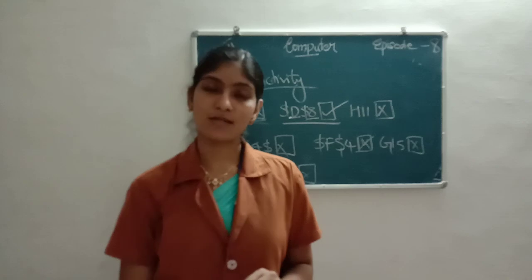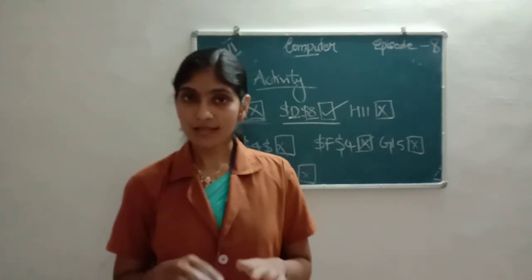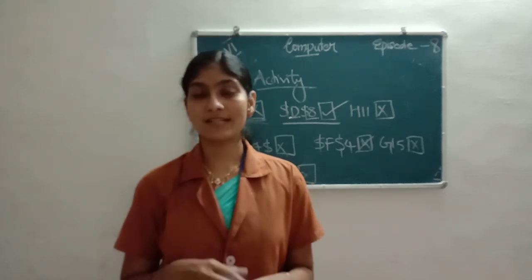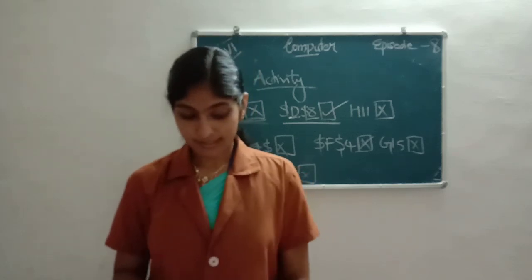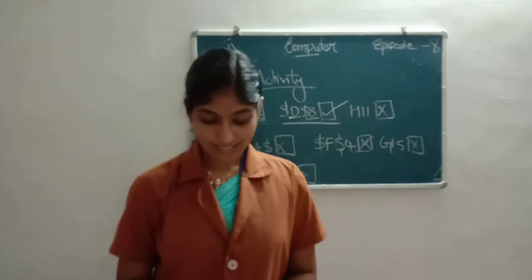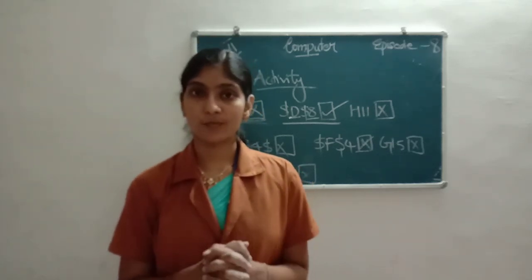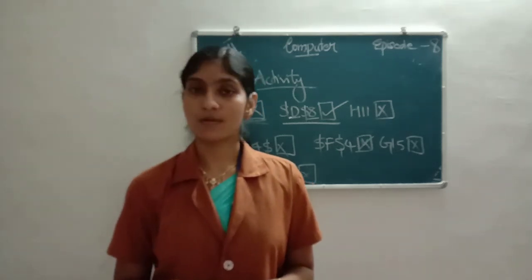But in absolute referencing, there is no change in the address of the original formula. That means it remains the same irrespective of the formula being copied in the cell. So if you want to make a cell absolute reference, what will you do? Just put a dollar symbol before the row and column.